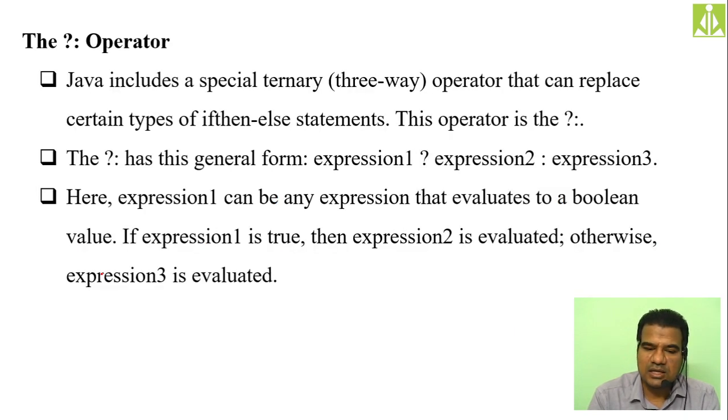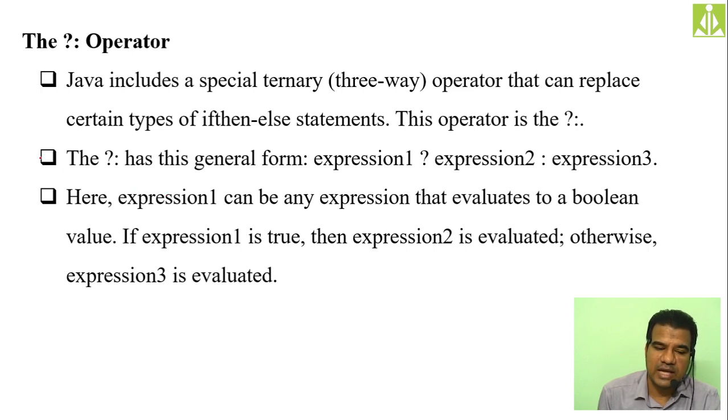See this other operators category. It is a ternary operator or the three-way operator. We also call it a three-way operator or ternary operator, and you know how it will be operated. Why we are saying this operator is a ternary operator or conditional operator is because of the general form it takes.